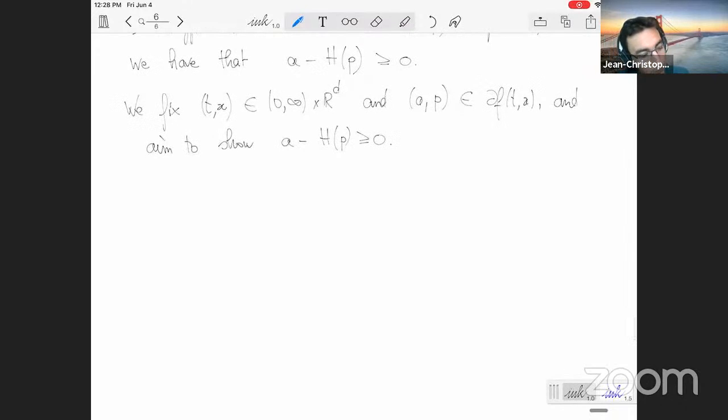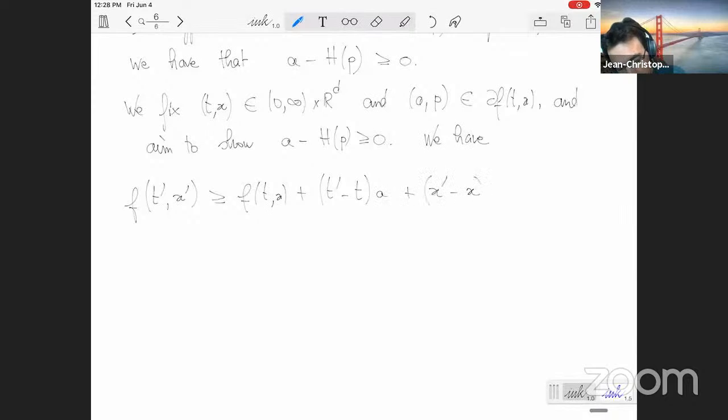Okay, so the first thing I want to observe is that by definition of (a,p) being in the subdifferential, we have that for any (t',x'), f of (t',x') is larger than f of (t,x) plus (t' minus t) times a plus (x' minus x) dot p.